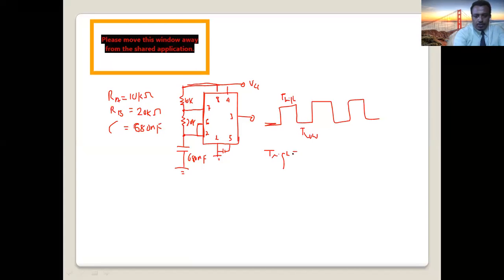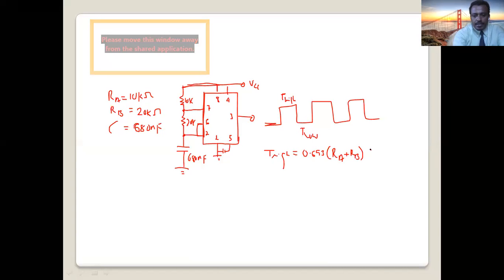T high is equal to 0.693 times the summation of the 2 resistors, RA plus RB, because they are connected in series, times the capacitor, we use C.